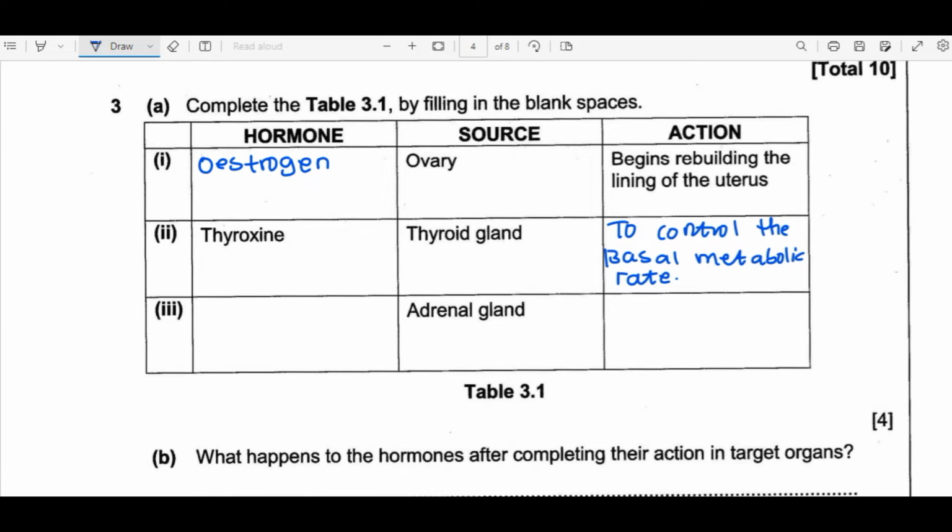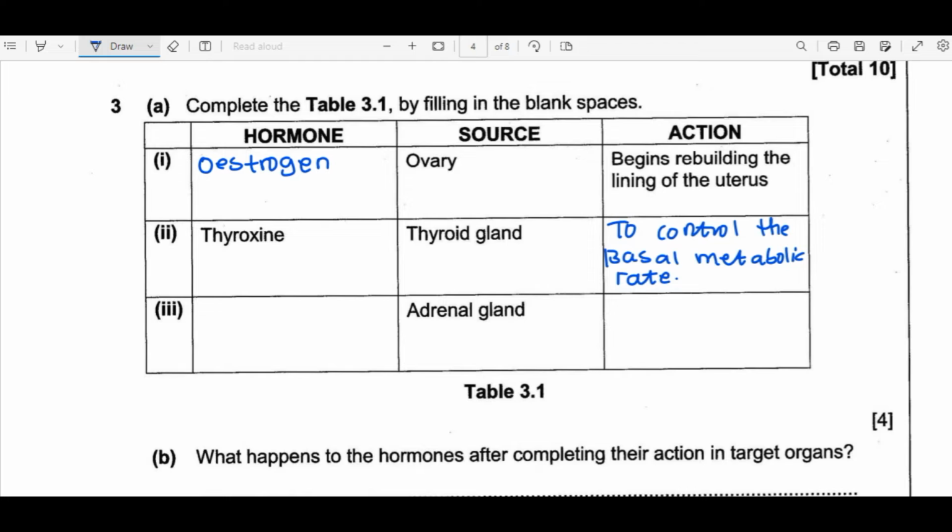After, we have the thyroid gland, which is located on the neck region. We have the pancreas. The pancreas can work as an exocrine, where it produces pancreatic juice, and endocrine, where it produces insulin and glucagon.